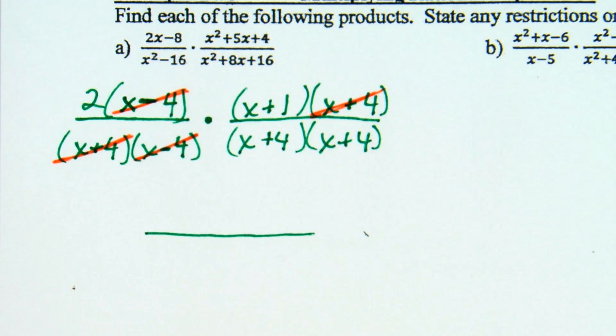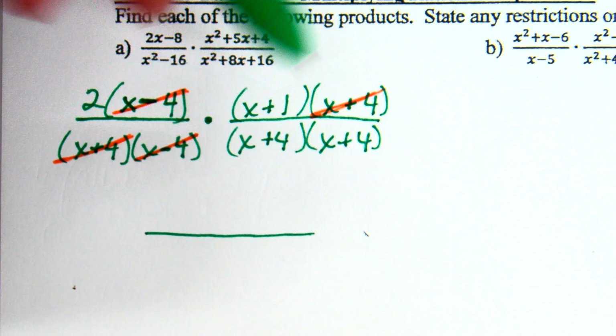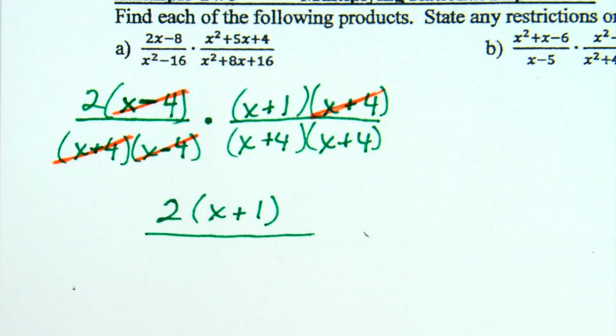What are my pieces that remain on top? 2 times x plus 1. I prefer that you leave your answer as 2 times x plus 1. My belief is that Math Excel does too. Now, could you multiply that out if you needed to? Yeah, you could say 2x plus 2, but I don't think you need to.